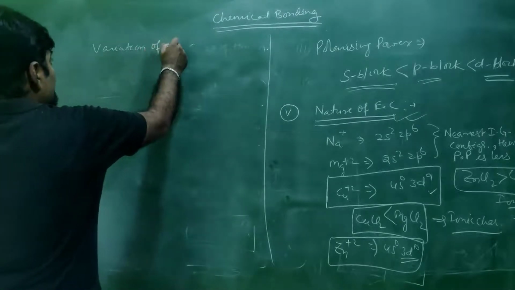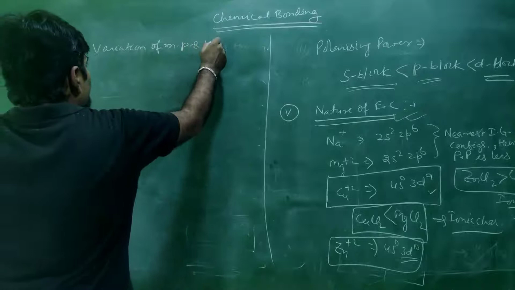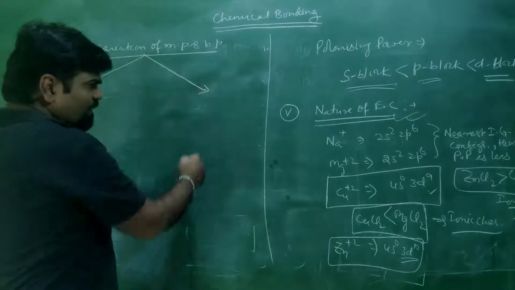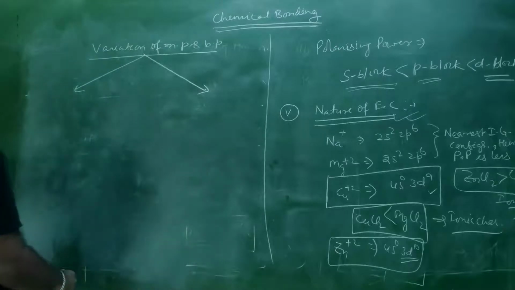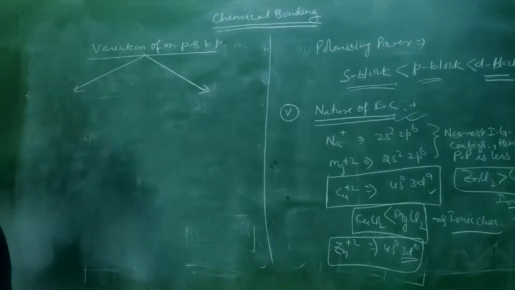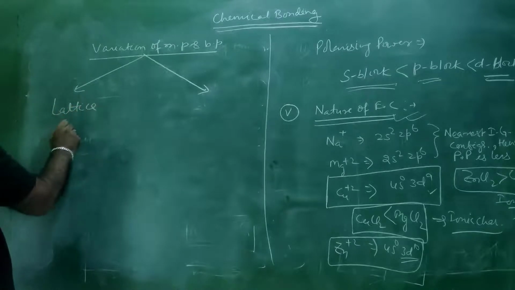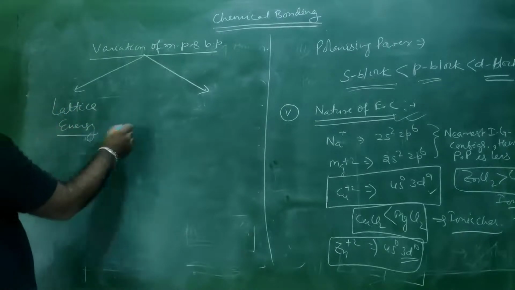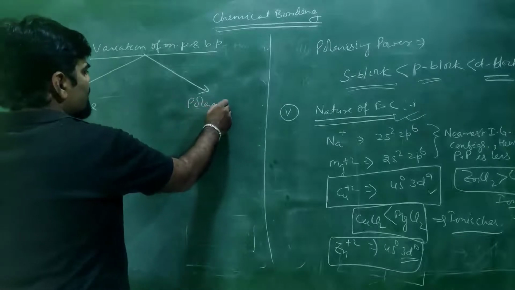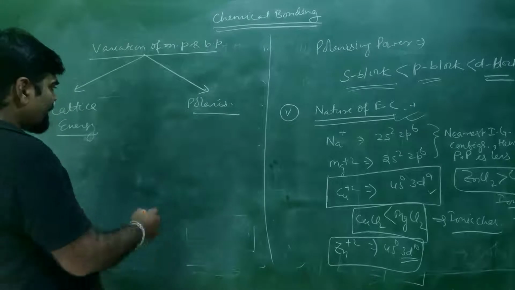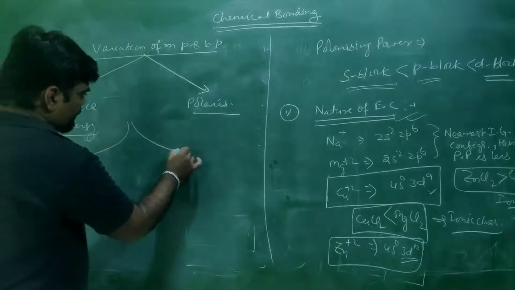We will just revise the variation of melting and boiling point of ionic compounds. This depends upon many factors. Two major factors are there: lattice energy and polarization. By using these two, we can frame two different cases.